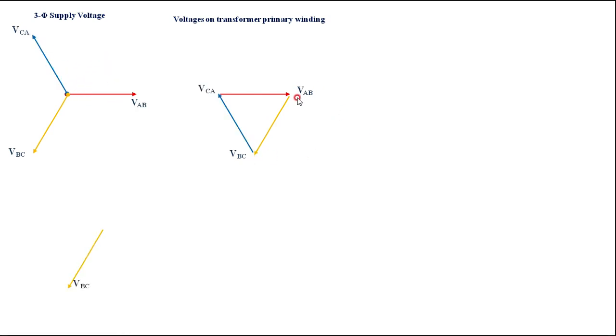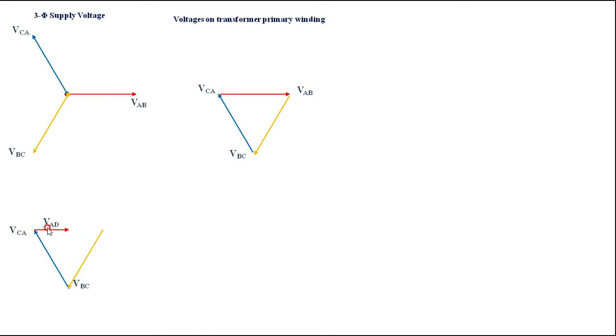What I am taking here is VBC, VCA. Here I am dividing the voltage between the AC, sorry, that is CA, that is AD, that is AB.